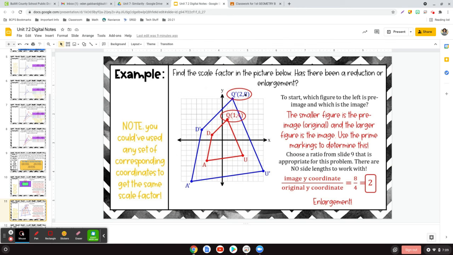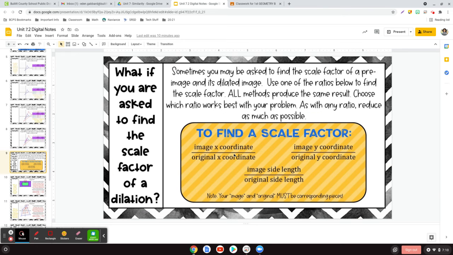So we have our points here, our original point, 1,4. Then we have our ending point of 2,8. So now we have our points, we have our coordinates. Now we're going to use one of these ratios. Remember, we can use our x coordinates or our y coordinates.